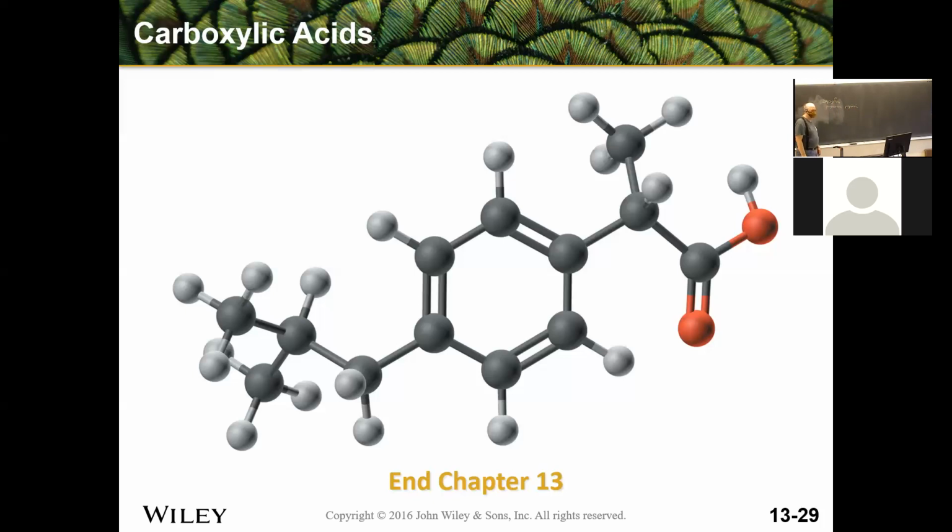Propionic comes from a Latin phrase meaning first fat. This was originally isolated from the breakdown of butter fat. Propanoic or propionic acid is one of the compounds most responsible for the odor and flavor of Swiss cheese.